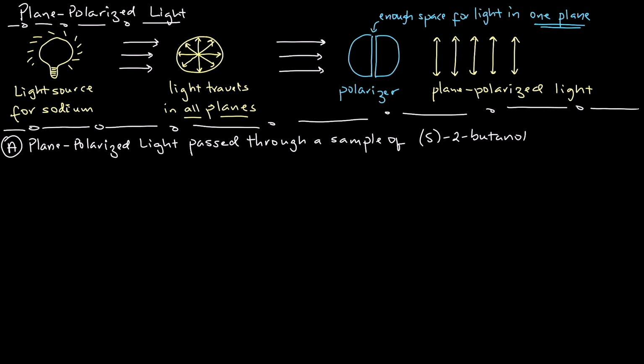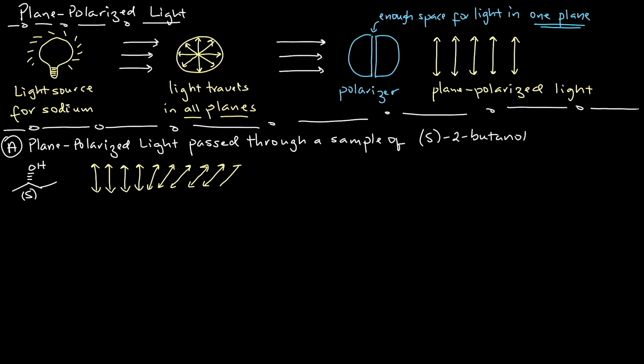Okay, so now we're going to take this plane-polarized light and we're going to pass it through a sample of pure S-2-butanol. So what is going to happen is, as the light travels through that sample of pure S-2-butanol, what actually goes on is a rotation of that light, and it actually rotates in a specific direction.